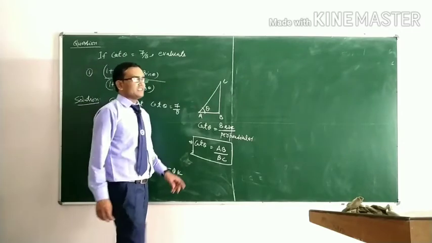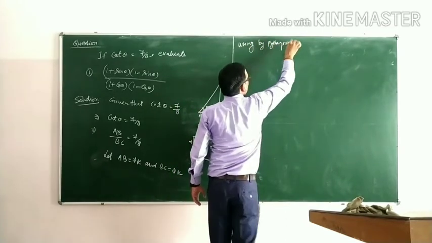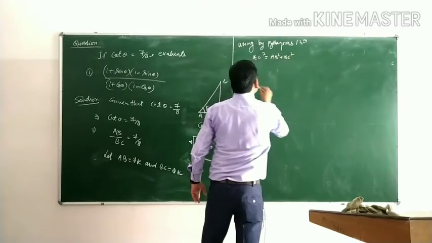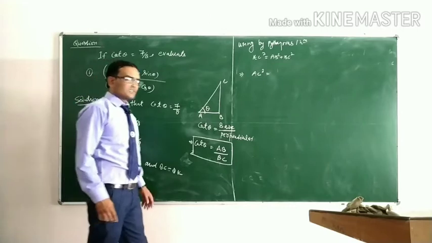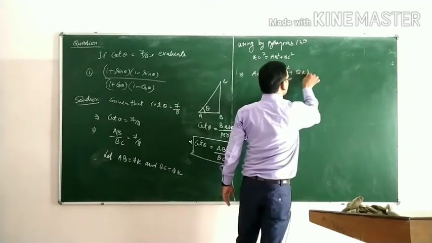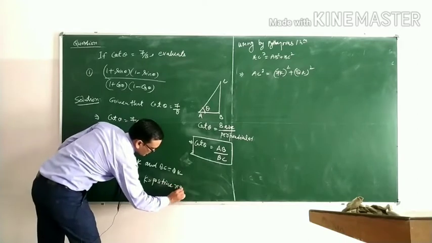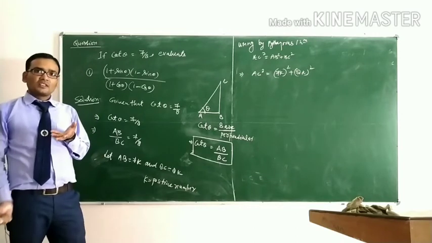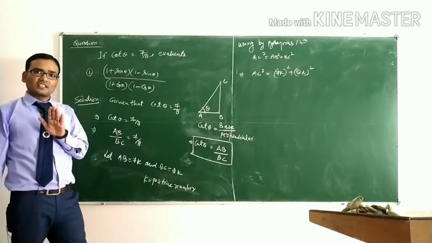Again we find AC using the Pythagoras theorem: AC square equals AB square plus BC square, that is (7K) square plus (8K) square. Why do we take K as a positive number and not negative? Because this is a ratio.